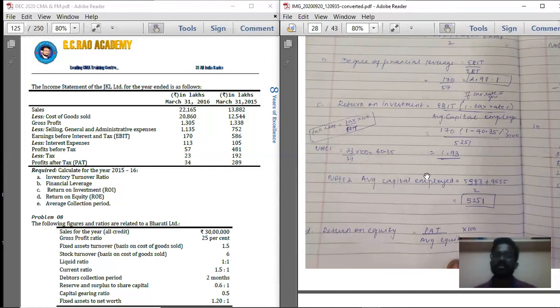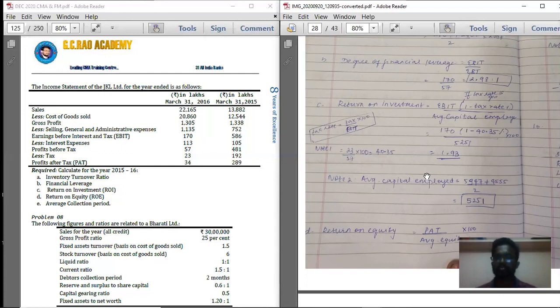Note number 1: tax percentage is equal to tax divided by PBT, which is 23 divided by 57 into 100, equal to 40.35%.